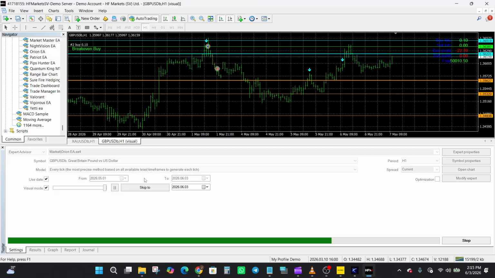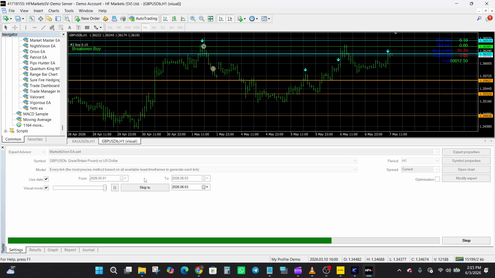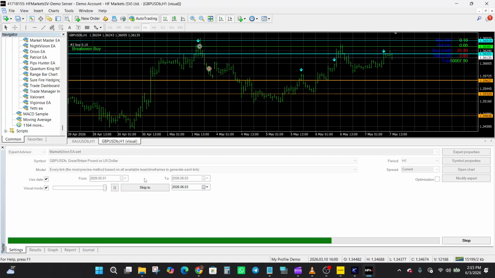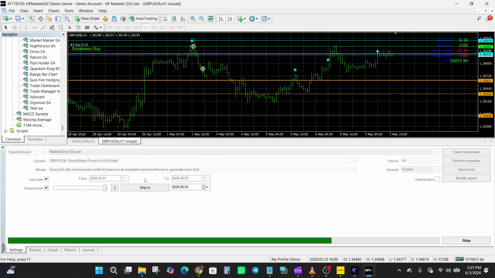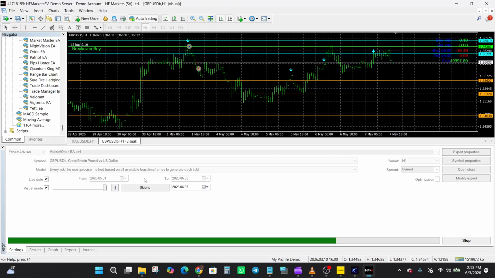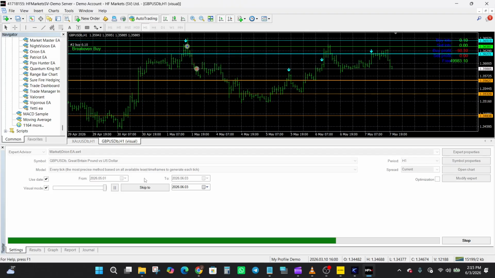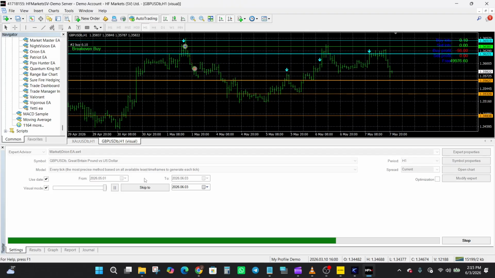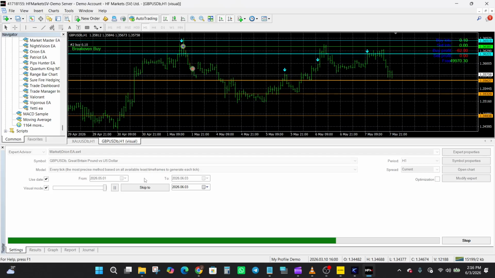Overall, this is an EA that focuses heavily on structured trade management rather than simple single entry logic. Results will always depend on settings, risk level, and execution environment.